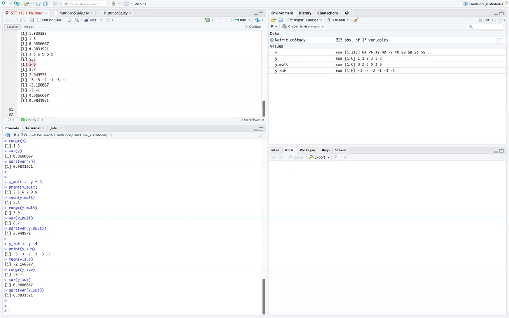So with the larger range, our variance and standard deviation are different. So what we notice is that the range affects the variance and standard deviation.